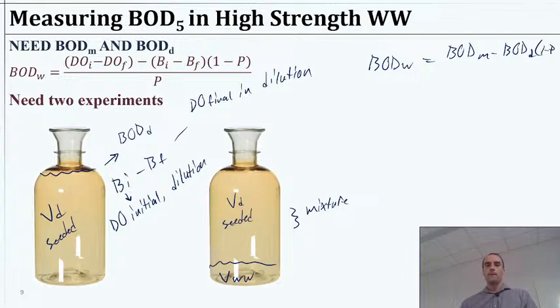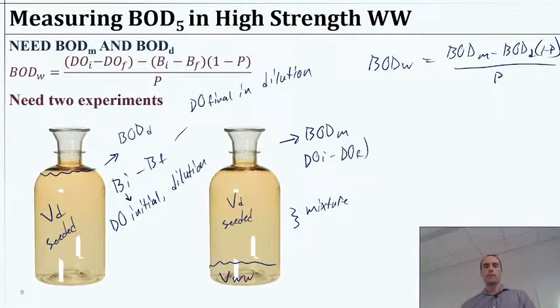My point here is just to let you know where these pieces are coming from. The BOD of the mixture is from this bottle: that's the DO initial minus DO final. The BOD for the dilution bottle is the BI minus BF.